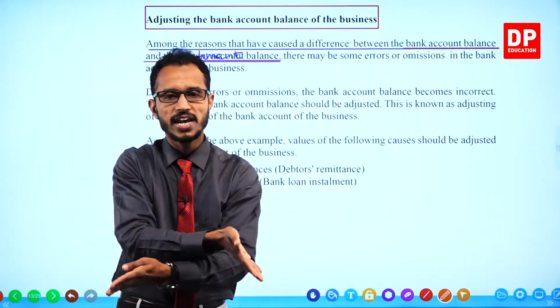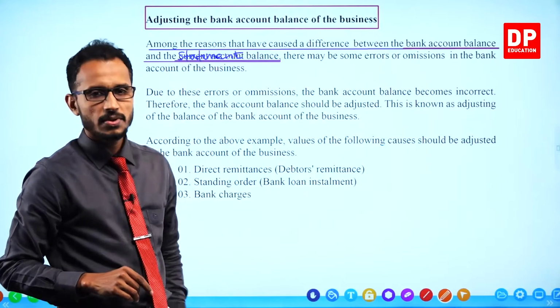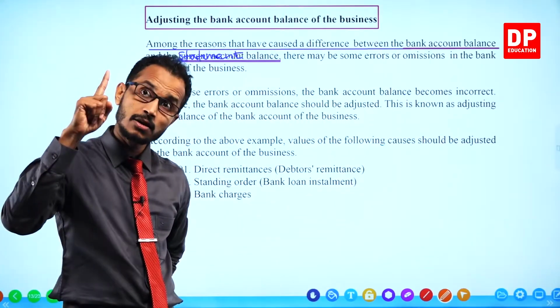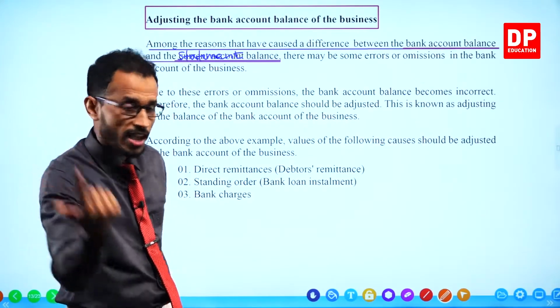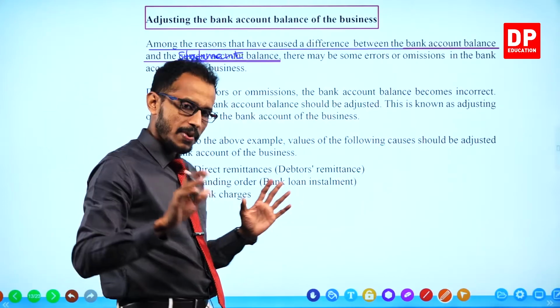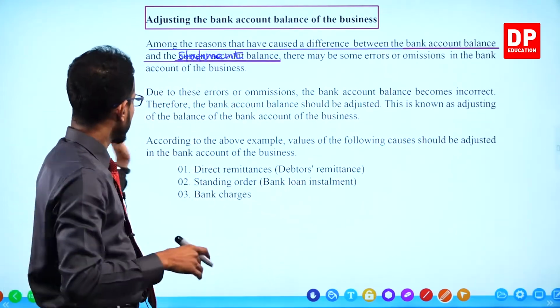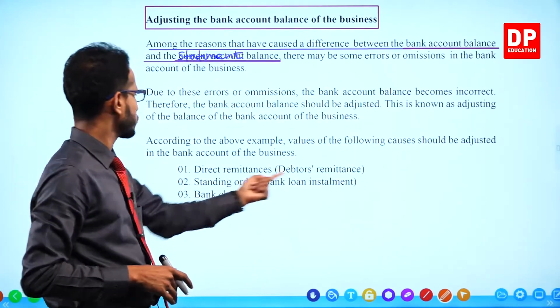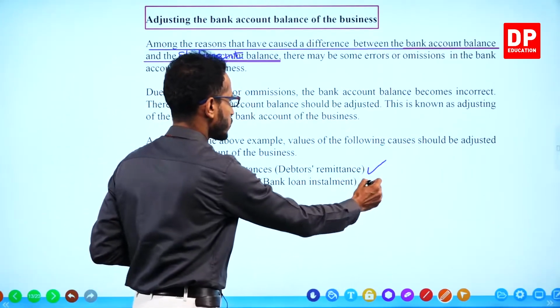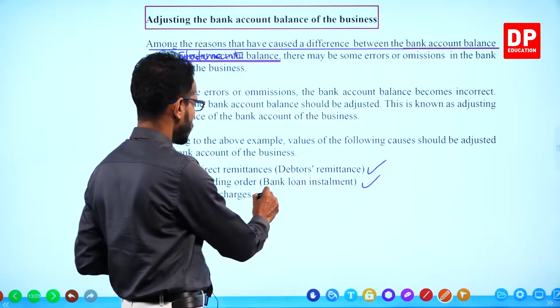Refer to the previous video. And we found out there are some missing items in our bank book. Now we are going to enter them into the bank book. That is the first step, preparing the adjusted bank book. These are the missing items: direct remittances, standing orders, bank charges.